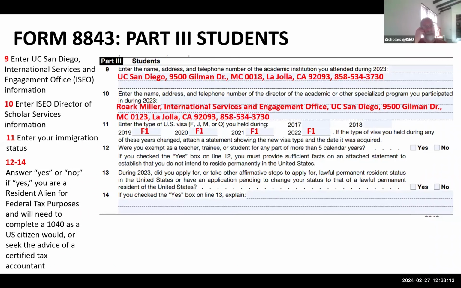However, if you are a resident alien, so if you've been an F1 student for more than 5 years, then you would not fill out the 8843 or the 1040-NR, and instead you would fill out the 1040 form.